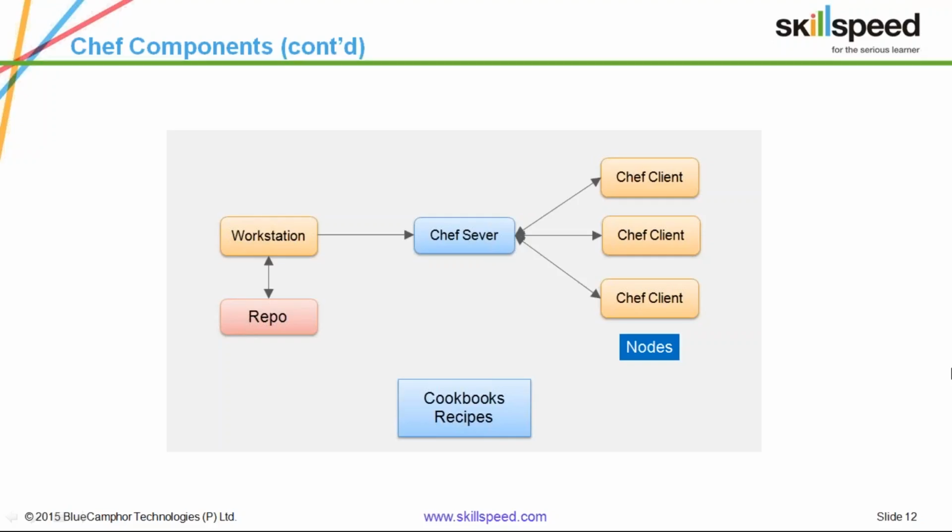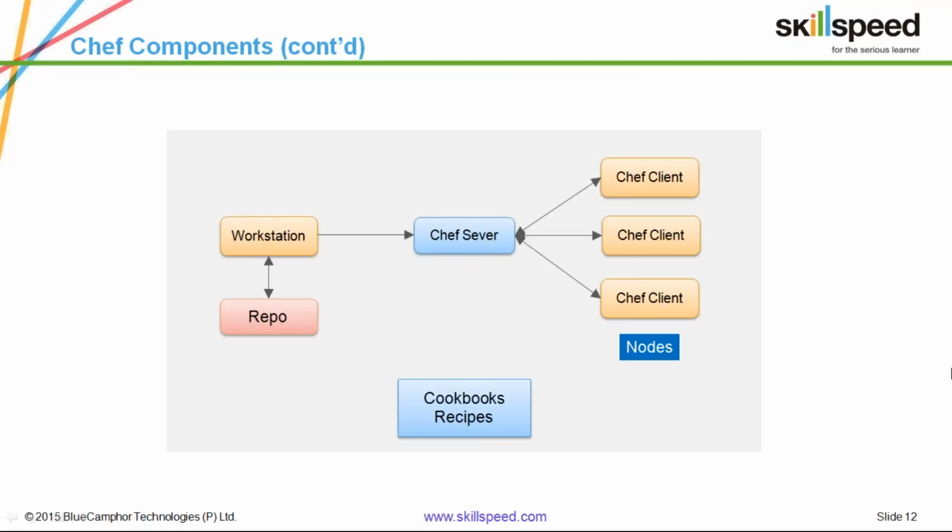So basically workstation is nothing but the place where you write your cookbooks. Okay, the place where you have a repository. After testing those cookbooks, you push them to the chef server. Okay, and chef server has all the cookbooks and all the nodes.